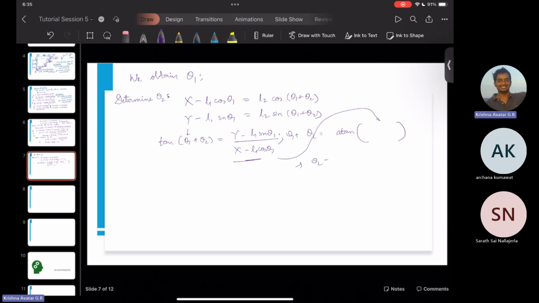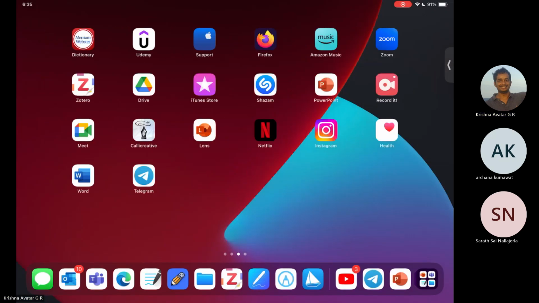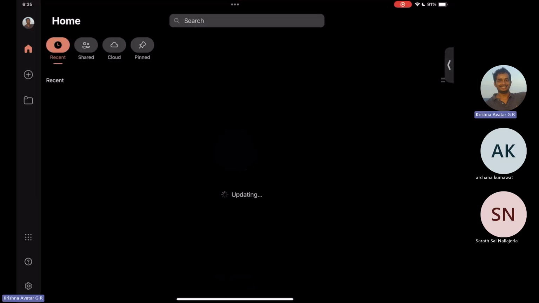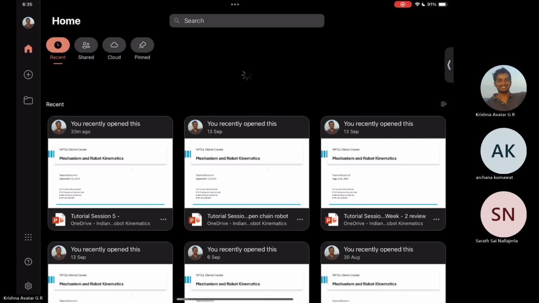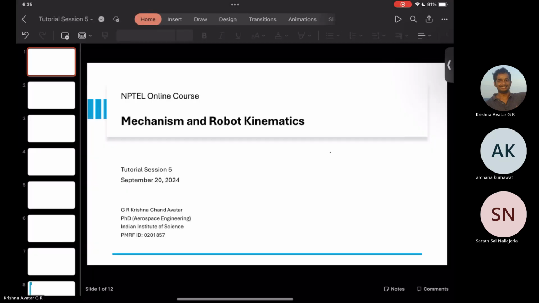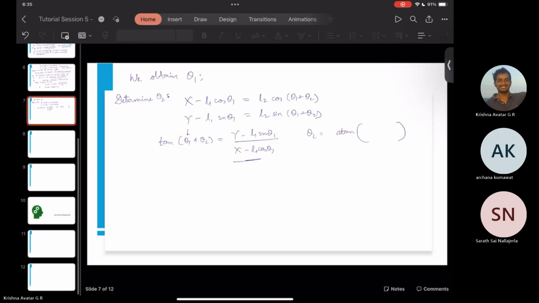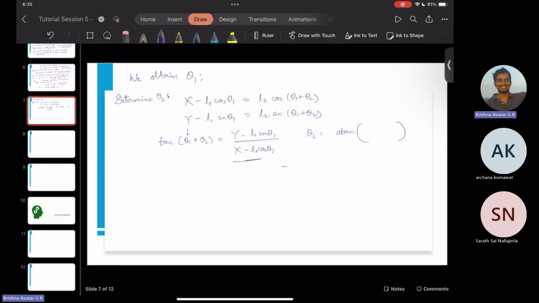So theta 2 is equal to A tan of that quantity minus theta 1.